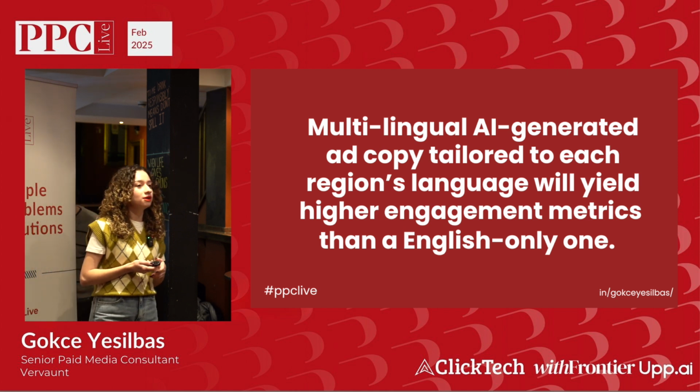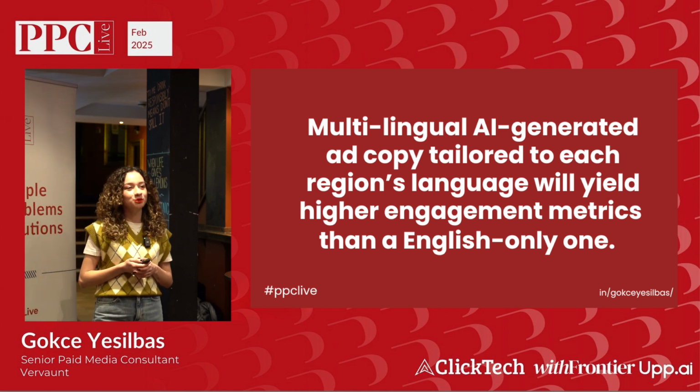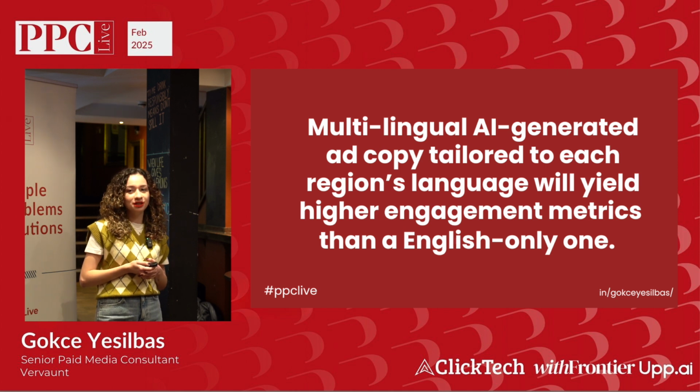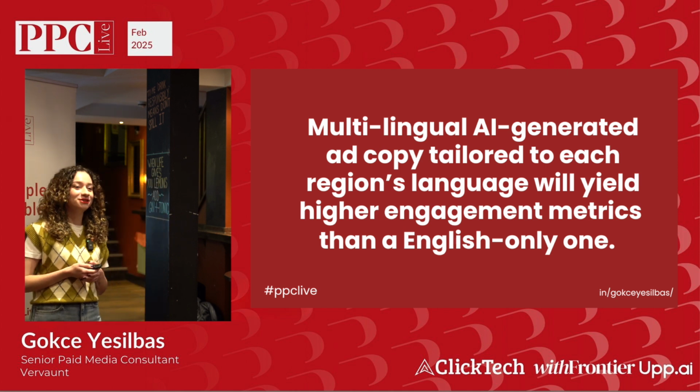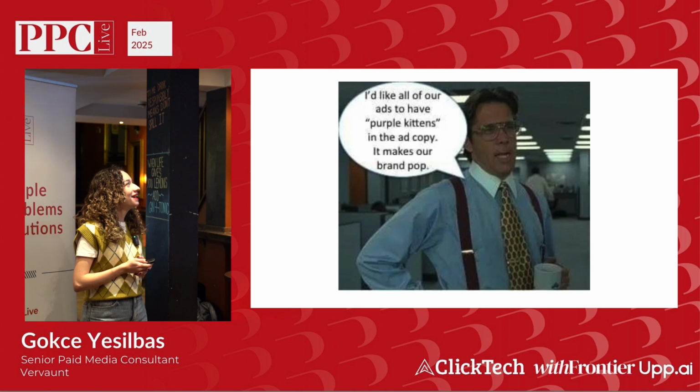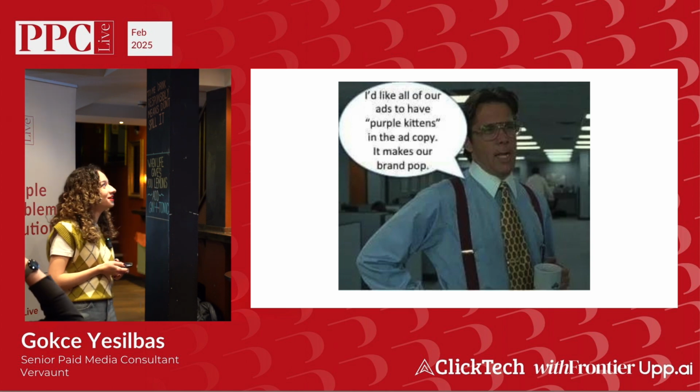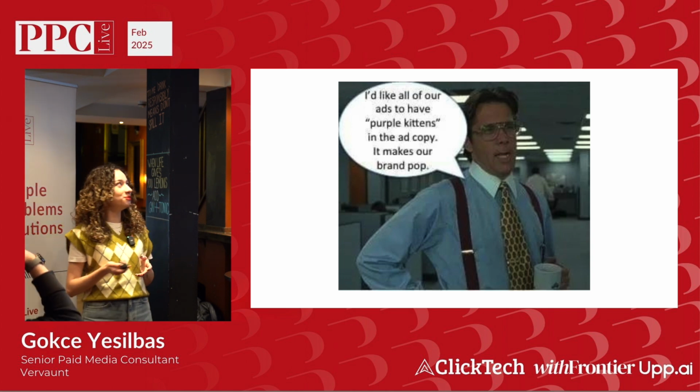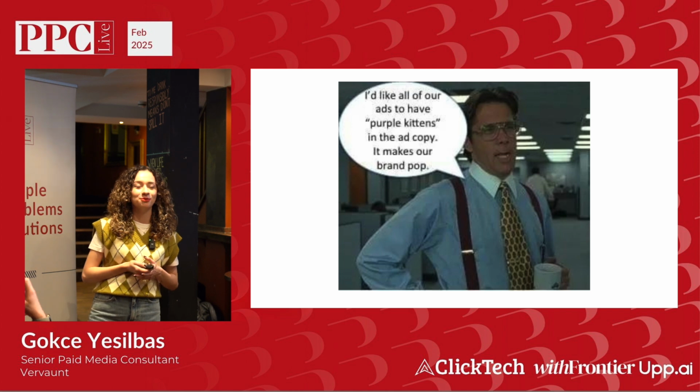But I will talk about this multilingual ad copy generation in my Hero Conference talk, so stay tuned. And also you can test purple kittens in the ad copy, maybe it makes your brand pop.